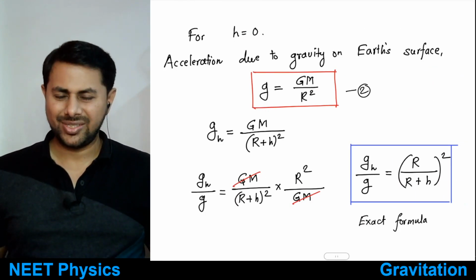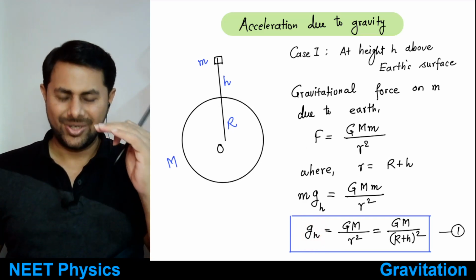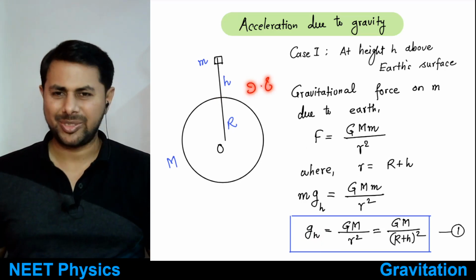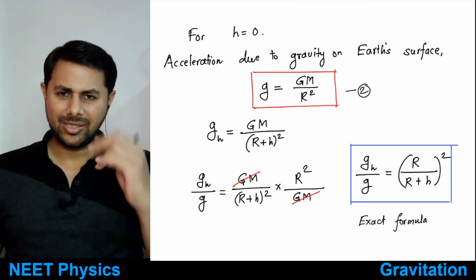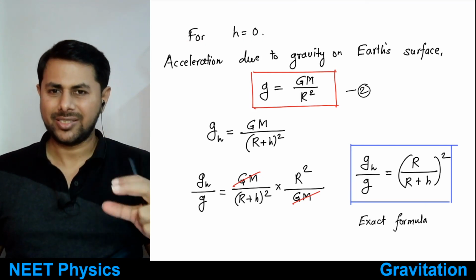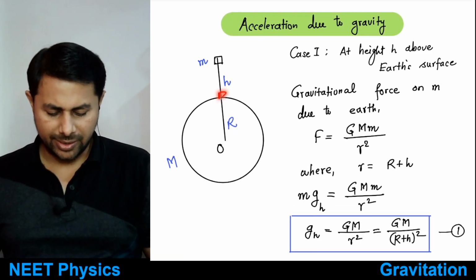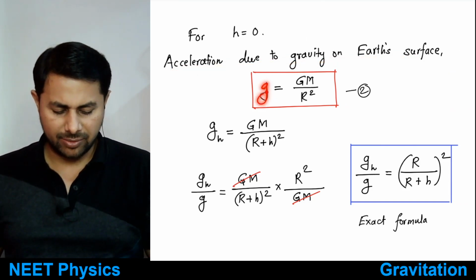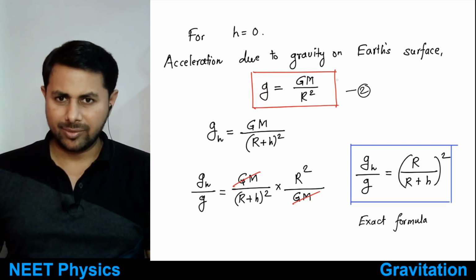So what we do is we relate this acceleration due to gravity at height h to acceleration due to gravity on earth's surface, which would be equal to 9.8 meters per second squared, right? So for h equal to 0, that means our object has now come down on earth's surface. So acceleration due to gravity on earth's surface, g, is equal to G M divided by r square, since h becomes 0 on earth's surface.